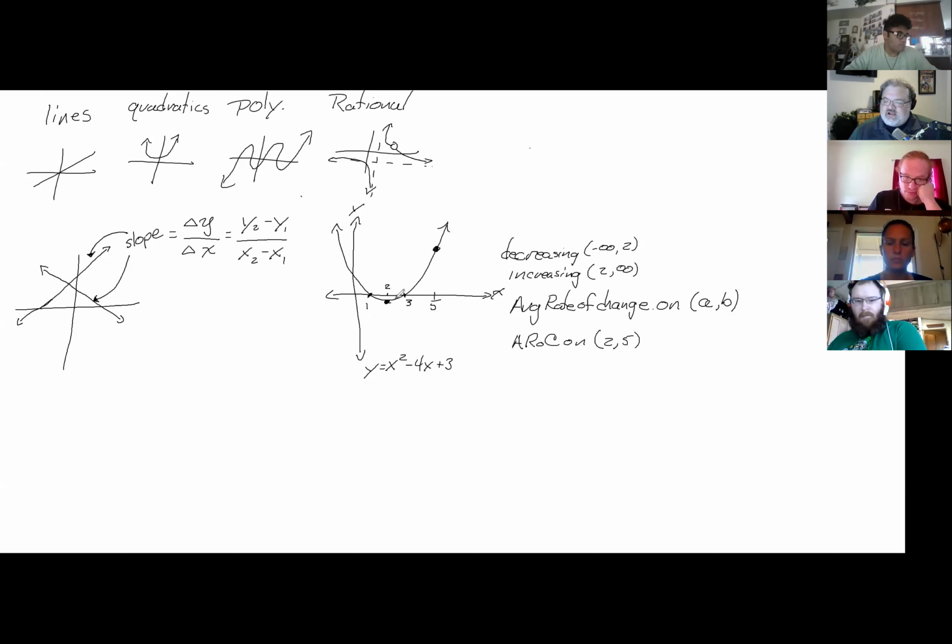It should be fairly clear that from 2 to 5, this function is increasing. At first, it's growing fairly slowly. By the time we get near 4 and 5, it's growing pretty fast. So that average rate of change is going to be affected by these small values and these high values.